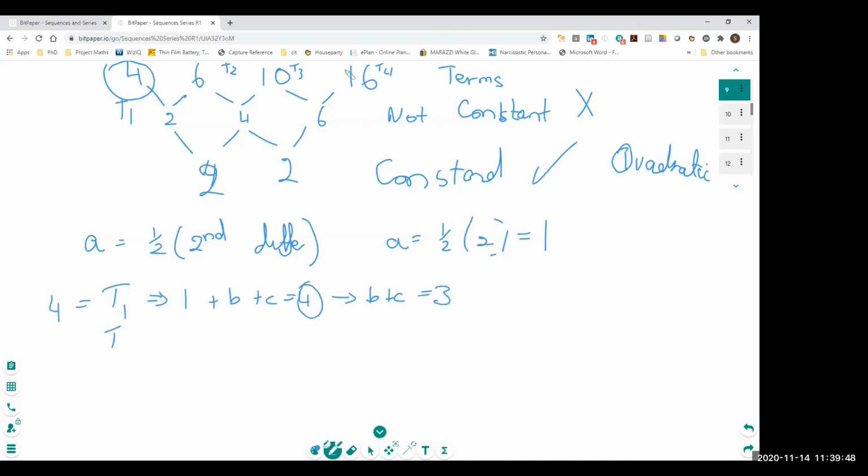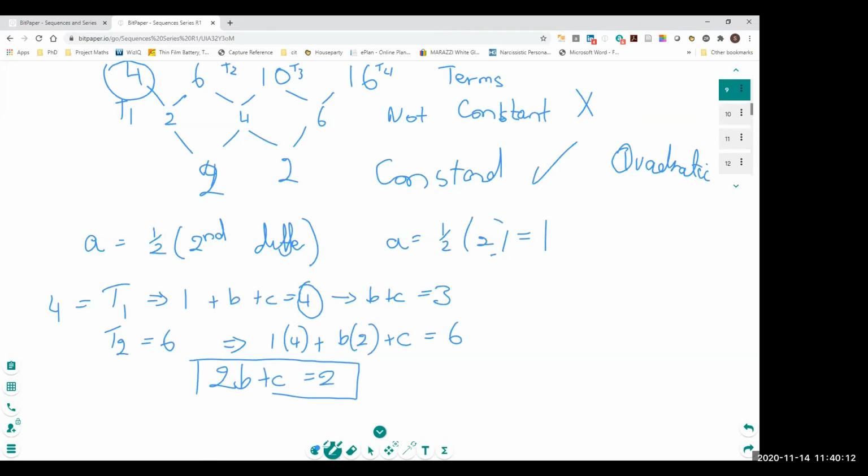Okay. For T2, we know that it's equal to 6. So we have 1 times 4 plus B times 2 plus C is equal to 6. This gives us 2B plus C is equal to 2. So that's your next. There you go.